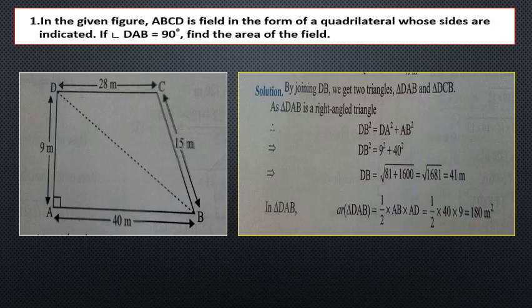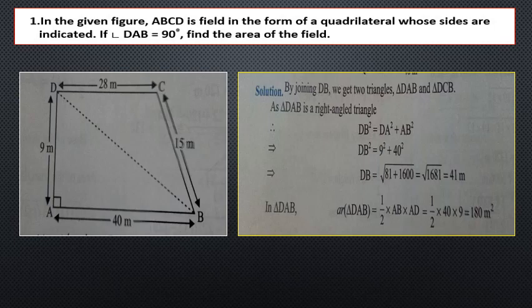So now we can find the area of triangle DAB. Since it is a right angle triangle, we can use the formula half base into height, that is 1 by 2 into AB into AD. Our AB is 40 meters and AD is 9 meters. Therefore, 1 by 2 into 40 into 9 is equal to 180 meter square.